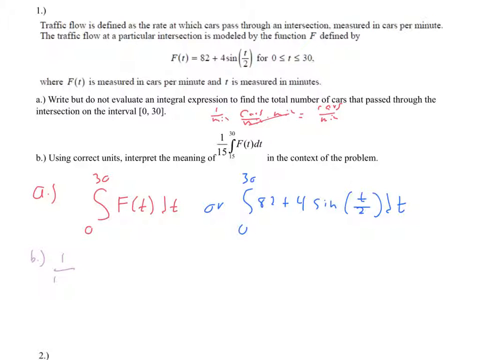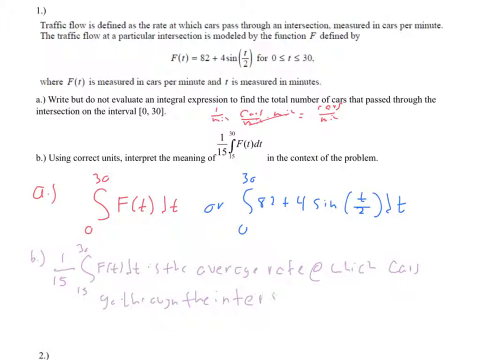So 1 over 15, integral from 15 to 30 of f of t dt is the average rate at which cars go through the intersection in cars per minute from t is equal to 15 to t is equal to 30 minutes.